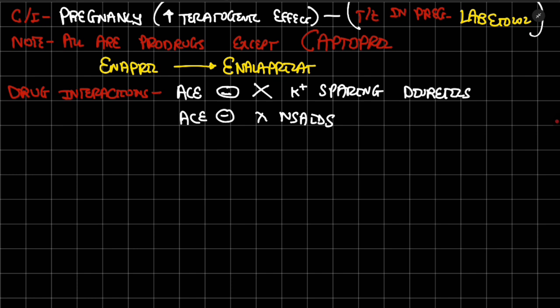ACE inhibitor decreases the Na plus and H2O retention, and NSAIDs will also decrease it by inhibiting prostaglandins. So dehydration will be increased, therefore the combination is avoided.